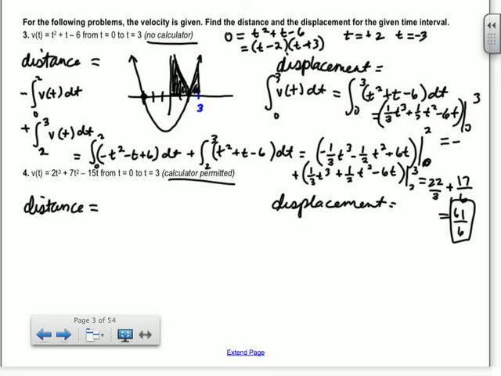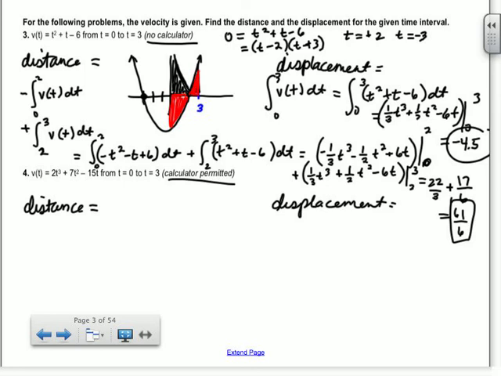I think you get negative 4.5. So negative 9/2. Okay, and that should make sense graphically because you had more negative area than positive area, right? I'm saying area loosely. All right, so this next one's calculators allowed, thank goodness.